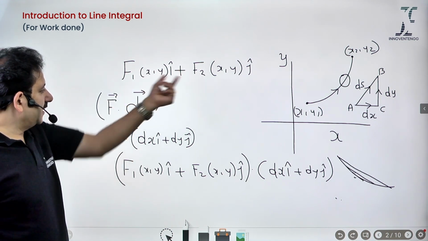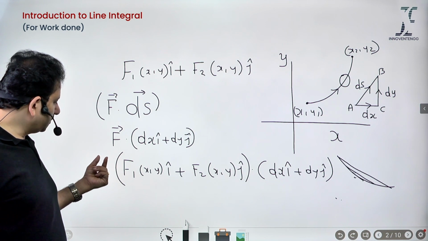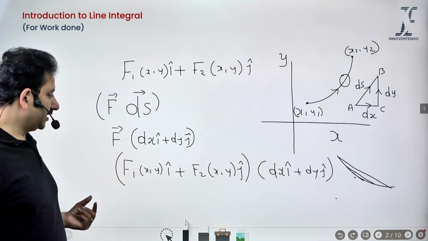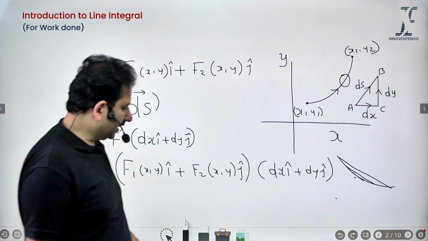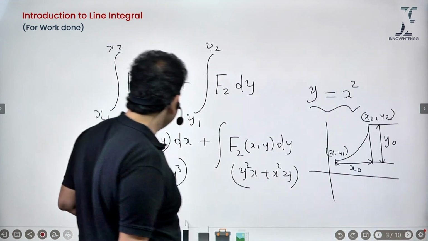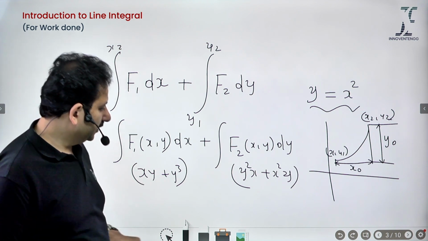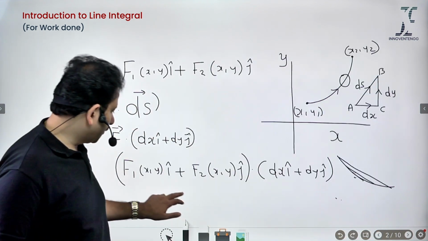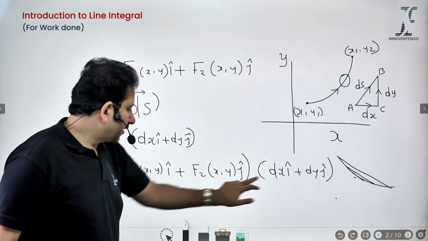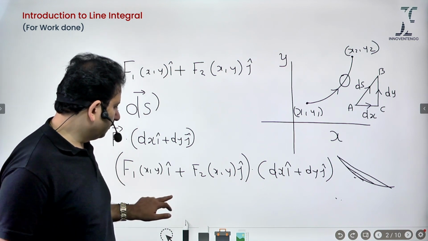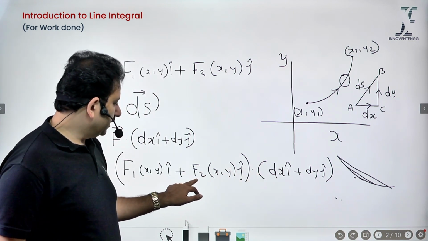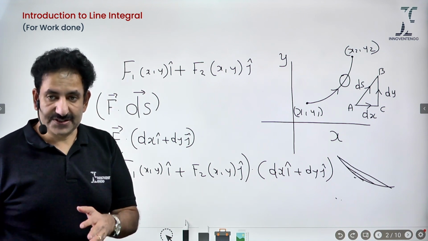F has this particular definition. If I plug in the definition of f, I will get this as the work done. But what is to be noted here is that you get two integrals, f1 dx and f2 dy, because you are just taking the dot product. When you take the dot product, the i-th components multiply, giving you one integral. The j-th components multiply to give you the second integral.